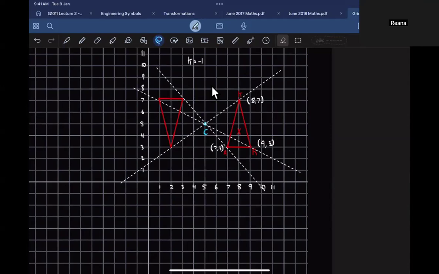Wait, so my answer is wrong? No, your answer is correct. This is just an example to show you all what a scale factor of -1 does. If the scale factor is -1, it will invert the shape but keep the same size.